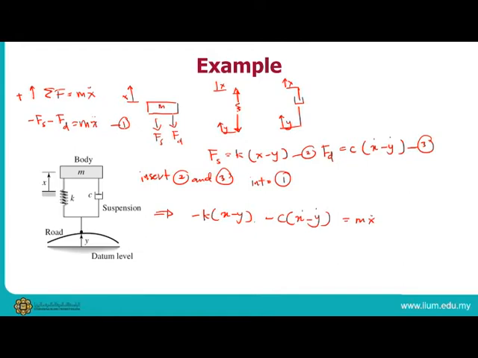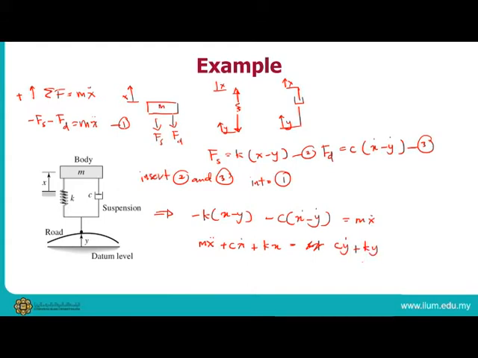When you rearrange this, you get m x double dot plus c x dot plus k x. Because both terms are moved to the other side, the minus becomes positive again, equal to c y dot plus k y.